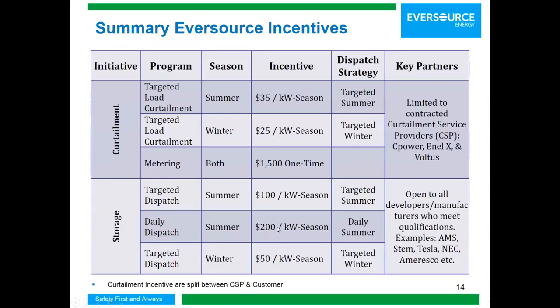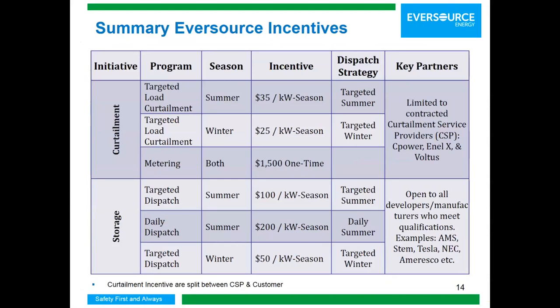Beyond that, Eversource is rolling out a few different tranches of incentives specifically for storage assets. So in the summer, if you want to target dispatch a storage asset instead of the $35, we've kicked that up to $100 per kW.